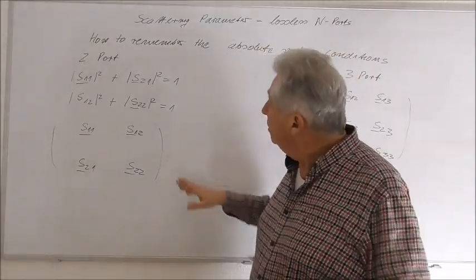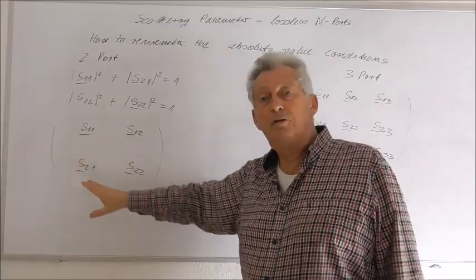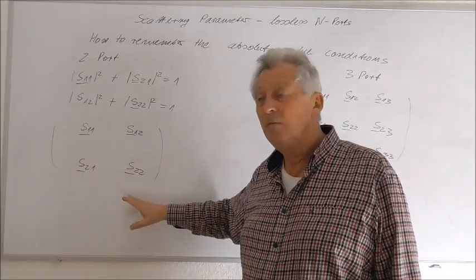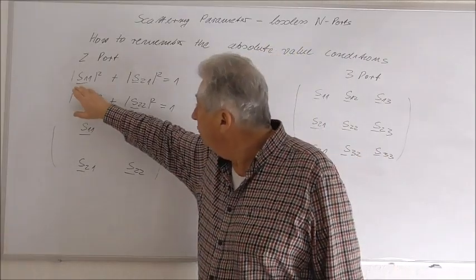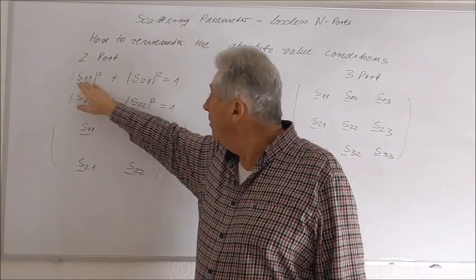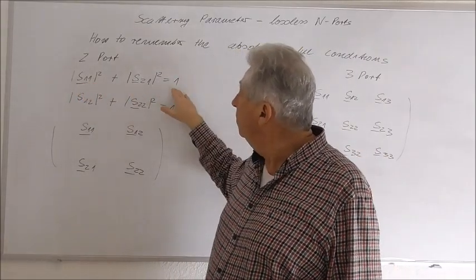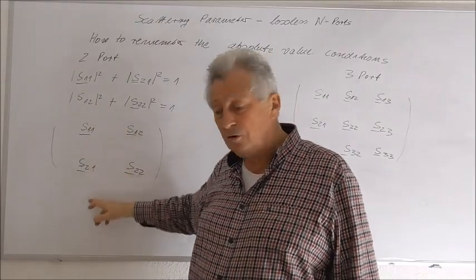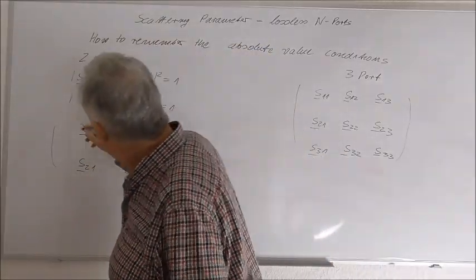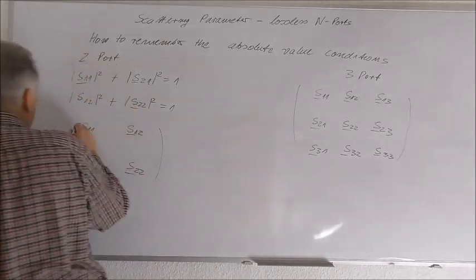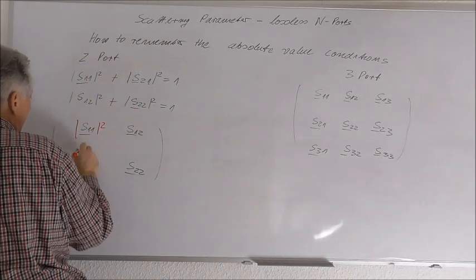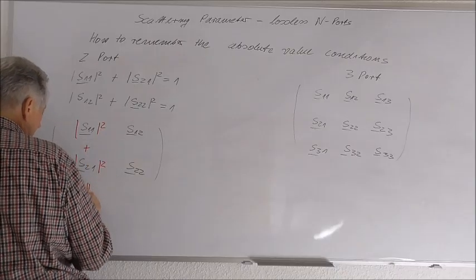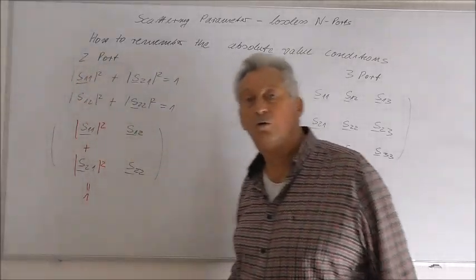But this is quite easy if I remember this to be the S matrix of a two-port. And you see here, if you have |S11| squared plus |S21| squared is 1, this means we just have to sum up this column, which says we have |S11| squared plus |S21| squared, and this must be equal to 1.